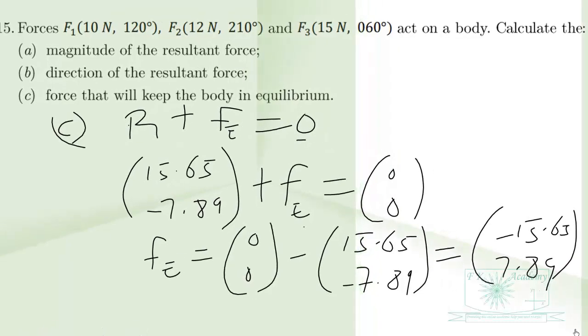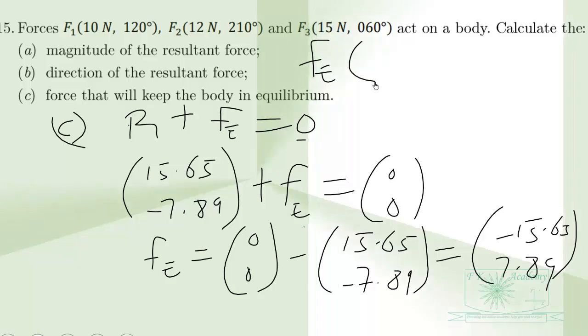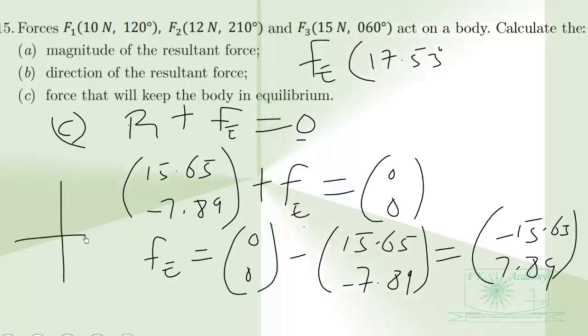This force will have the same magnitude as the resultant, which is 17.53, but the direction will be different. The x is negative and the y is positive, so it will be in the third quadrant.